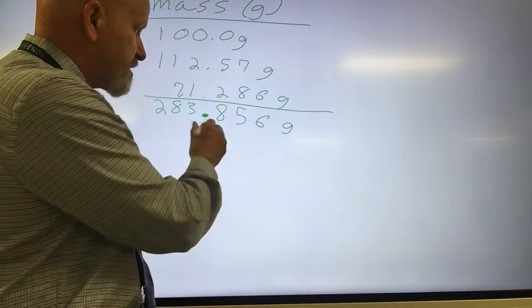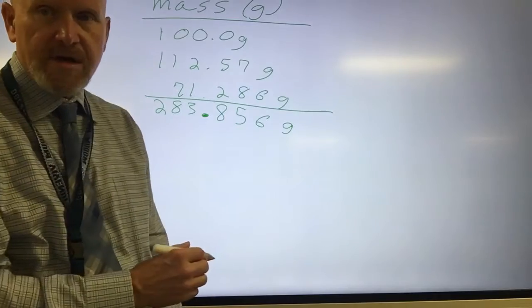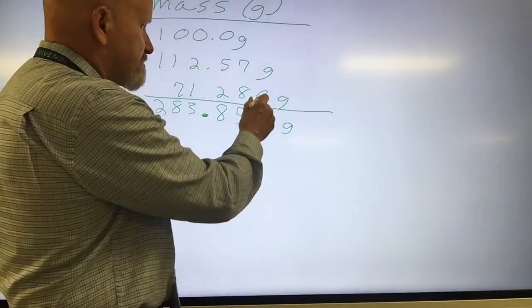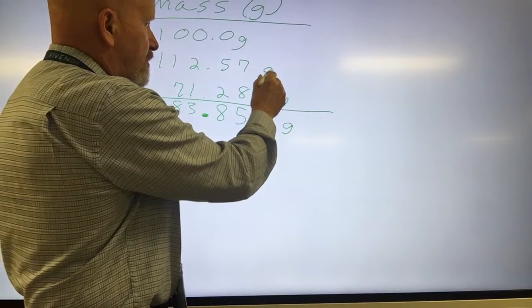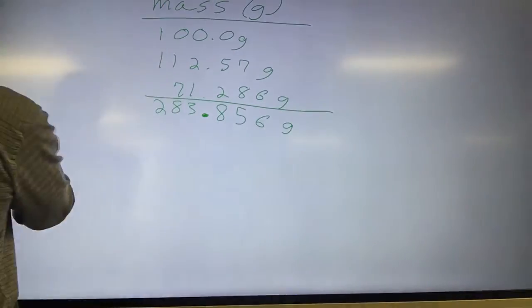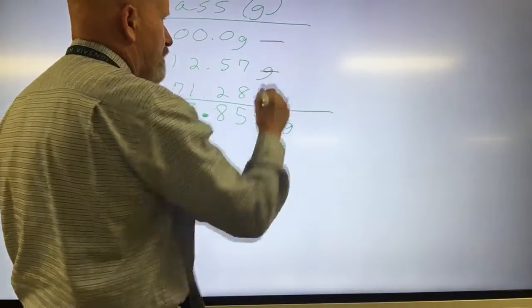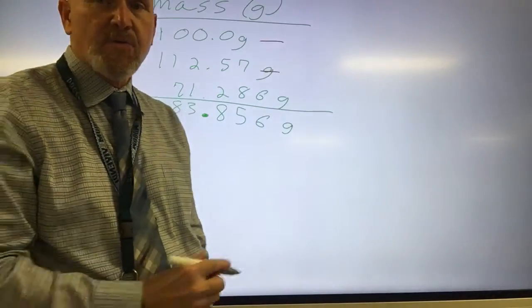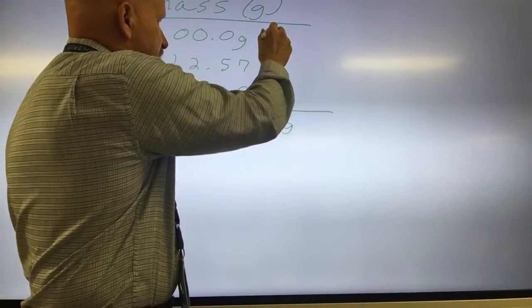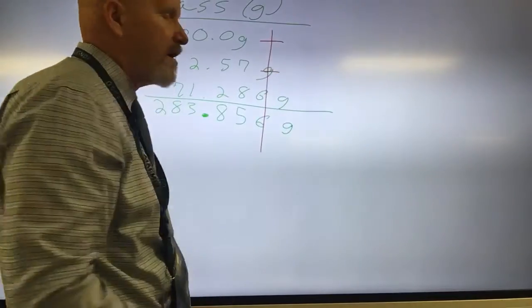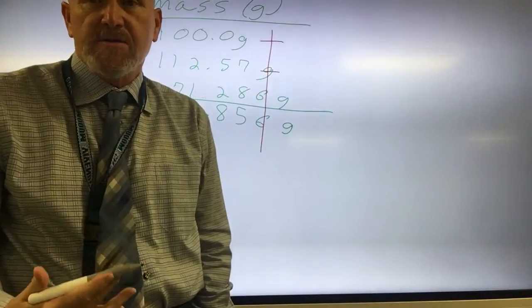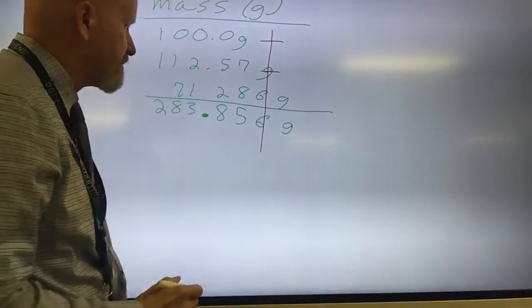Okay, so they didn't all use the same measurements, so sig figs start coming into play. How many of these numbers can I actually keep out of this value right here? Well, this last person right here is the only one where we actually know what we're adding to. So we can't say that's really a 6 because this column right here is messed up. They didn't all use the same measuring device.